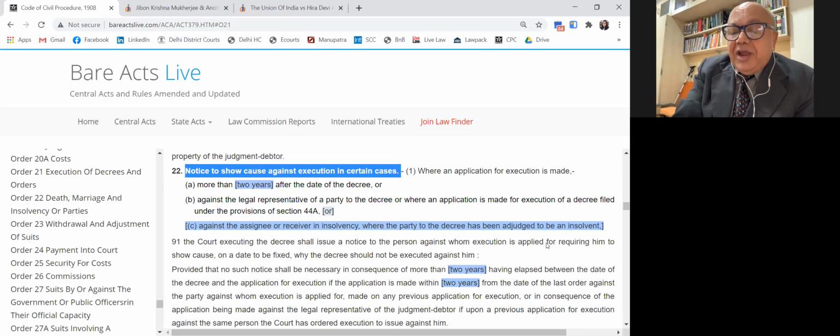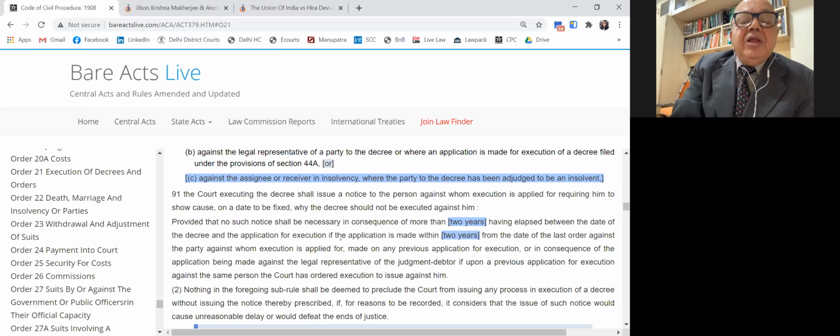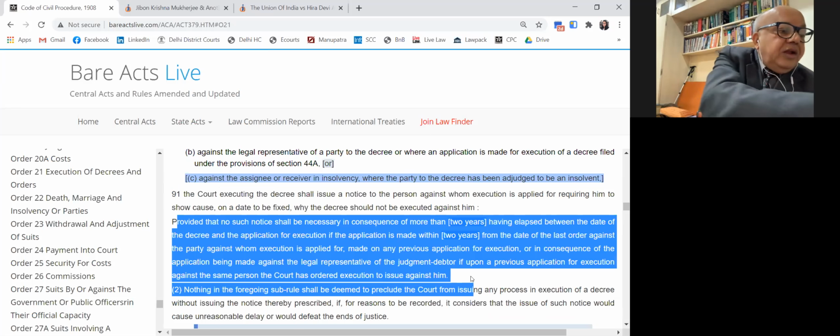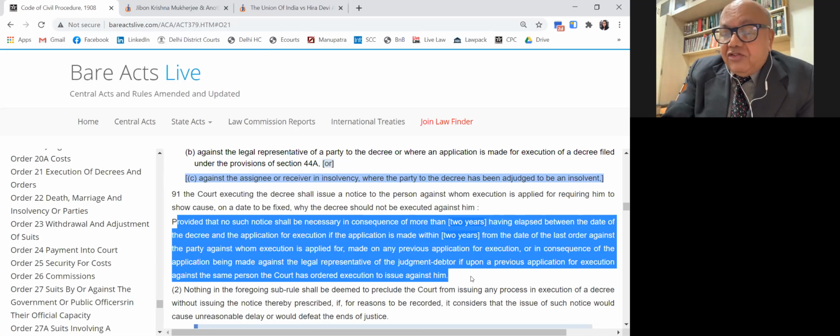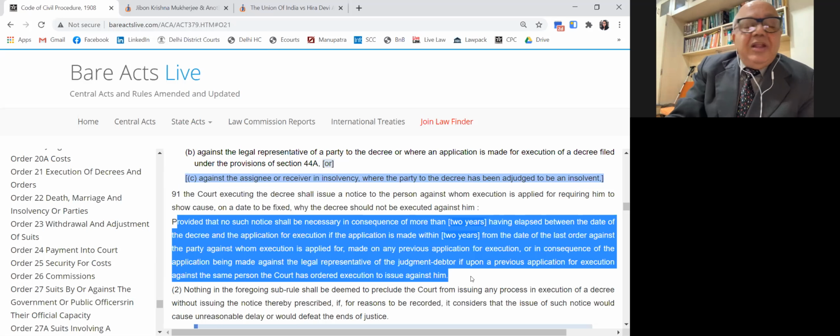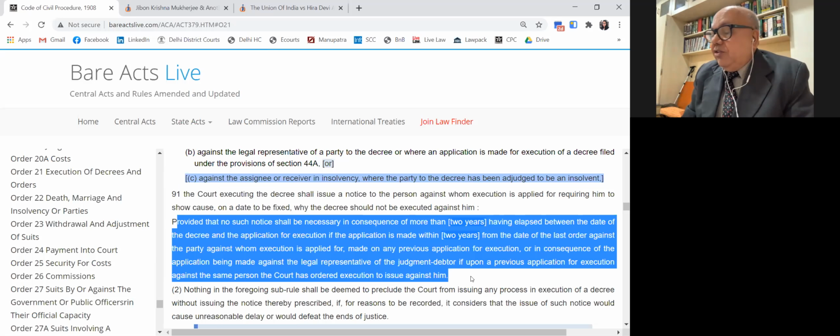But the proviso says that in certain cases the court may exempt, if a case is made out by the decree holder that notice should not be issued because it will delay and defeat the execution. The court may in its wisdom say that notice is not required to be issued. So it is the discretion of the court. But normally the courts insist that notice should be issued.